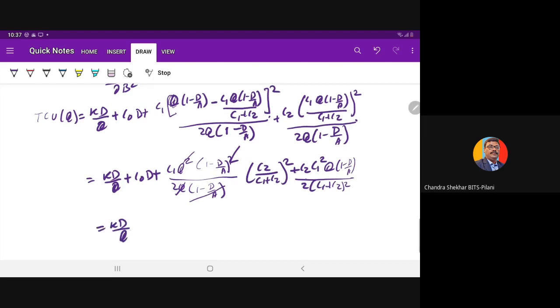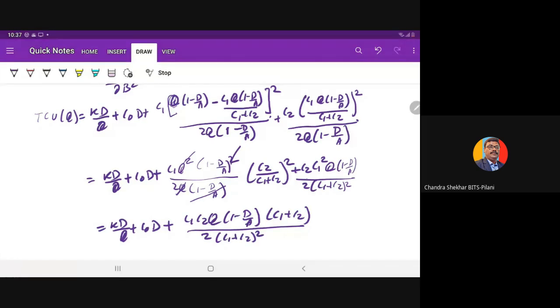So in this case we have KD upon Q plus C naught D plus C1 C2 Q(1 minus D upon A) times (C1 plus C2) after taking the LCM, upon 2 (C1 plus C2) whole square.